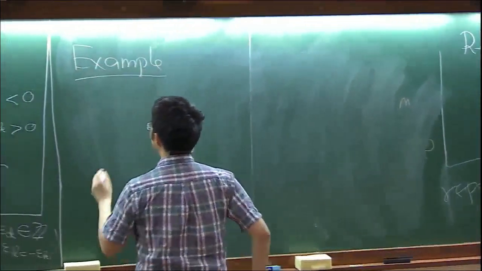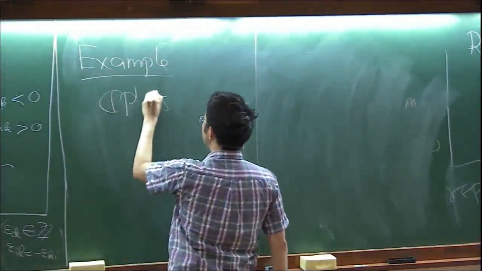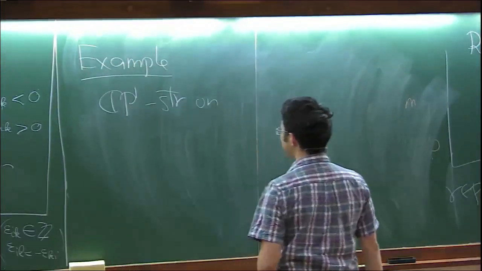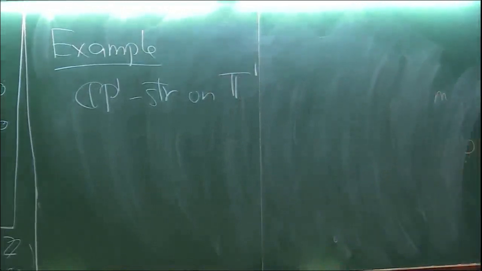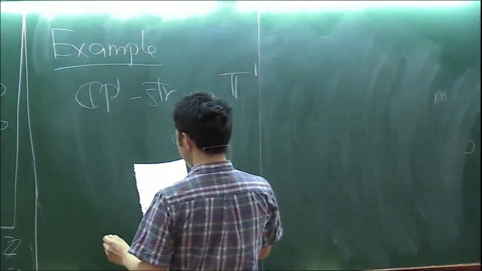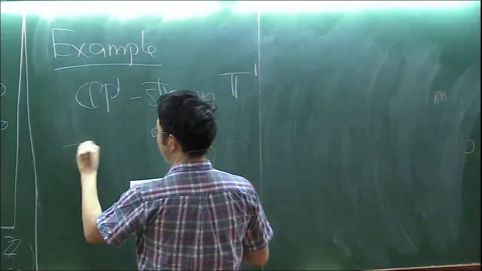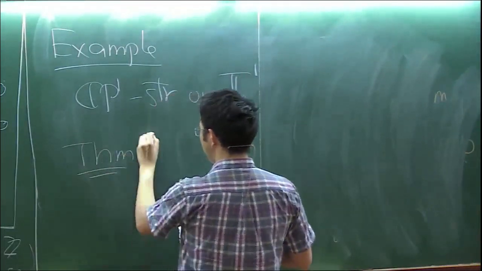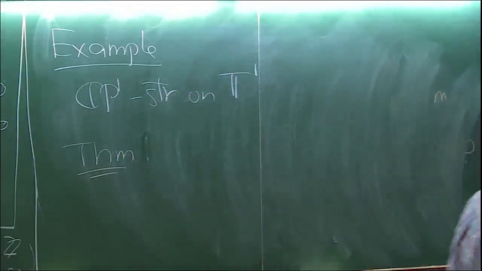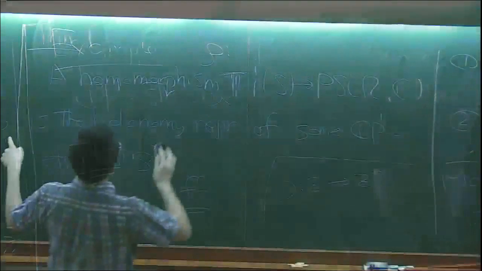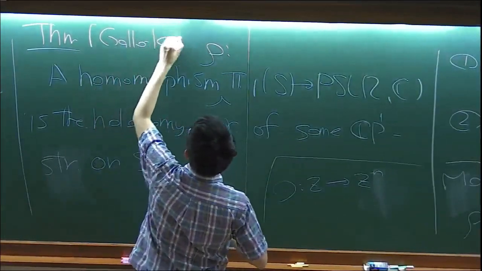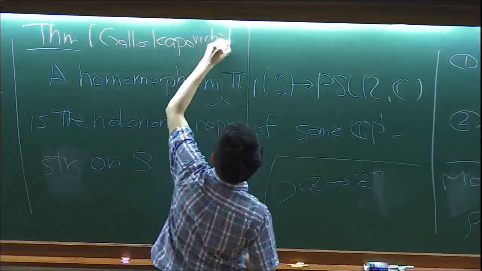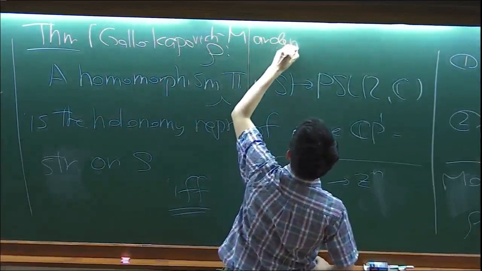Example: CP1 structures on the torus. Let me mention that the main theorem we are discussing is due to Gallo, Kapovich, and Marden, 2000.